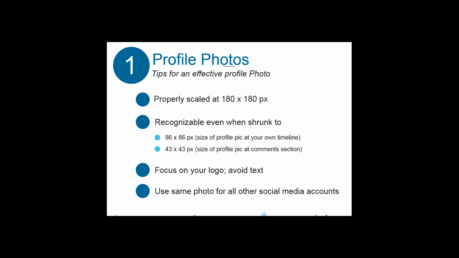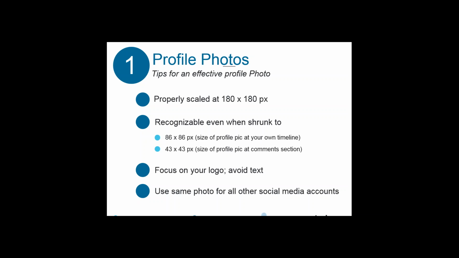Another thing to take note of when you're developing a good profile photo is that it should be recognizable when it's shrunk to a smaller size. Why is that? Because remember that your profile photo appears everywhere, be it when you type in comments or when people see your posts on the newsfeed. And usually, your profile photo is shrunk to a smaller size during these instances.